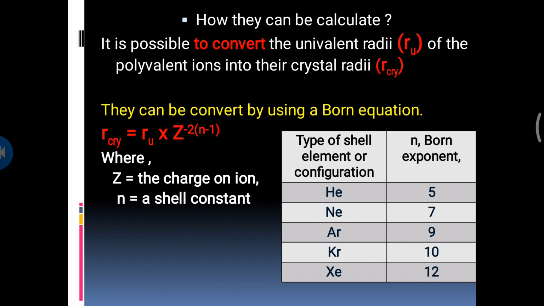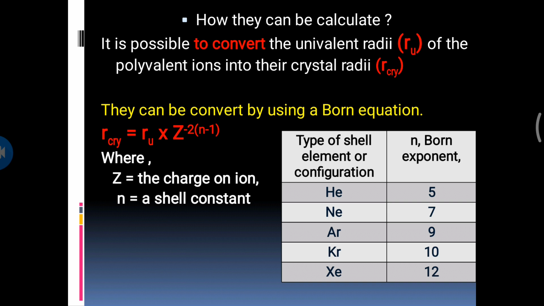So in the Born equation we can calculate crystal radii: crystal radii is equal to univalent radii into Z minus 2 in bracket n minus 1, where Z is the charge on the ion and n is the cell constant or Born exponent. This Born exponent depends on the type of electronic configuration, as on the right hand side.